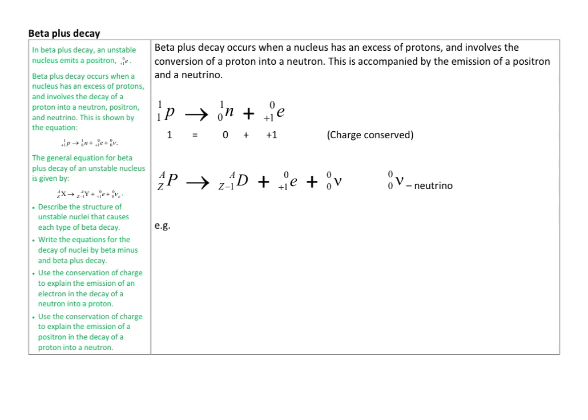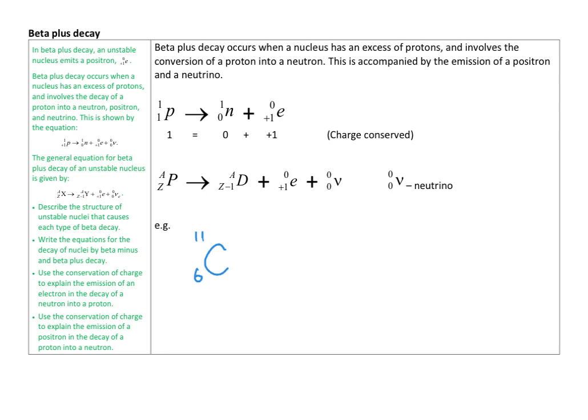So let's look at a specific example. Let's stick with carbon, but instead of going to the higher ones, let's go back to carbon 11. So that would have 6 protons and 5 neutrons. It's basically got more protons than neutrons.